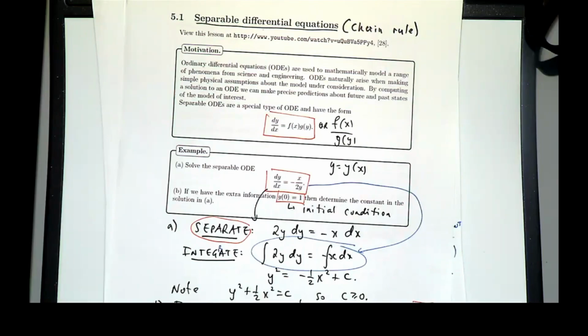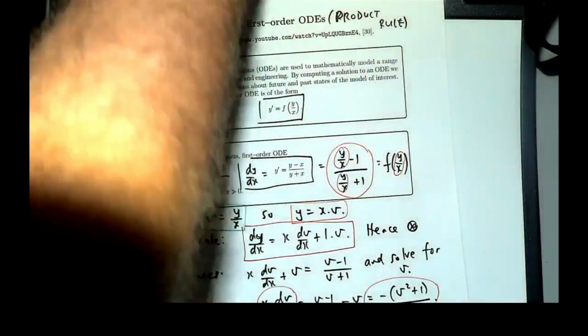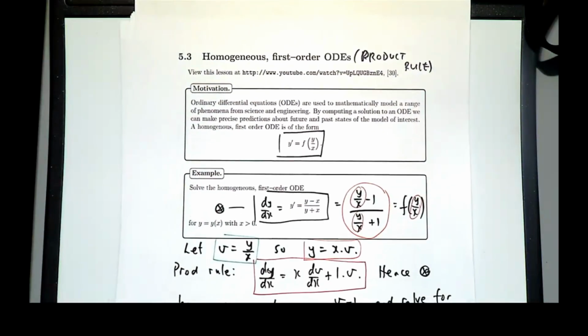That's probably the easiest, the entry level type of DE. Now the second type of problem we looked at was homogeneous, right? And for this one, you can use a substitution, okay?